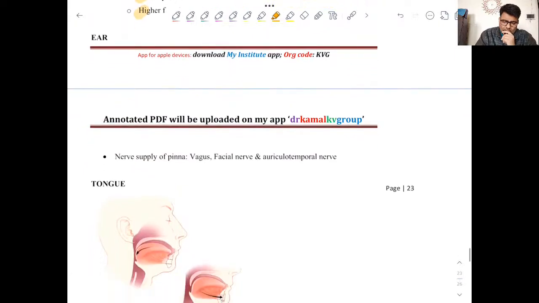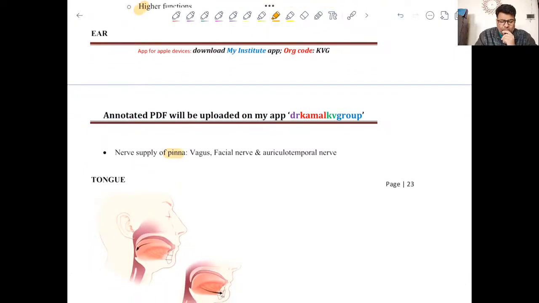Then pinna, which is the part of external ear, it is supplied by auriculotemporal nerve, then facial nerve, and most importantly auricular branch of vagus. Clear? So these are some important nerves which supply pinna.